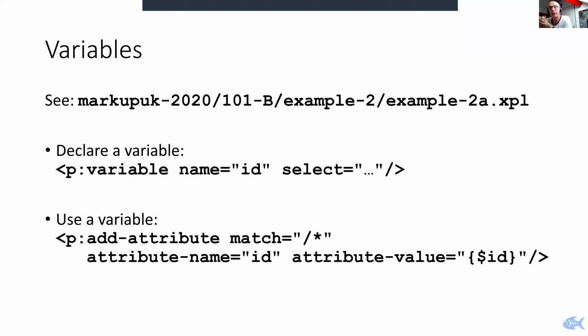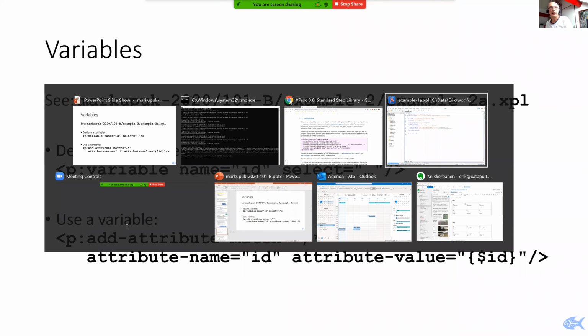And you can use a variable with the same name with a $ in front, like in XSLT. You can also type a variable. You can use an as attribute. I'm not going to show that here for brevity, but you can use name is ID as xs:string, for instance, if you want to. Let's have a look at the example that is there.